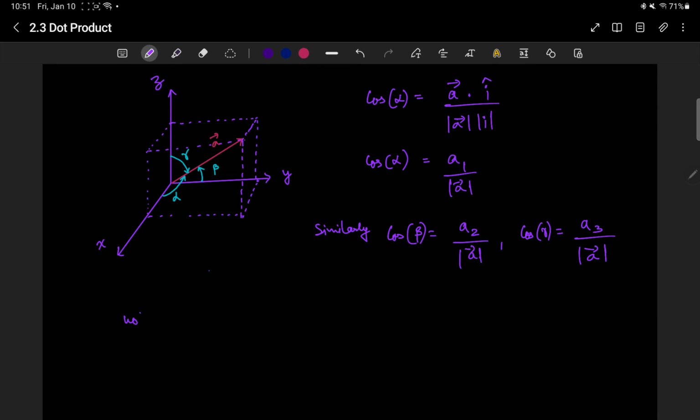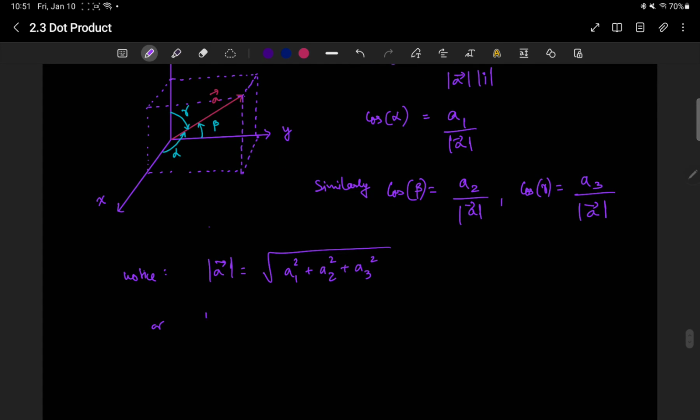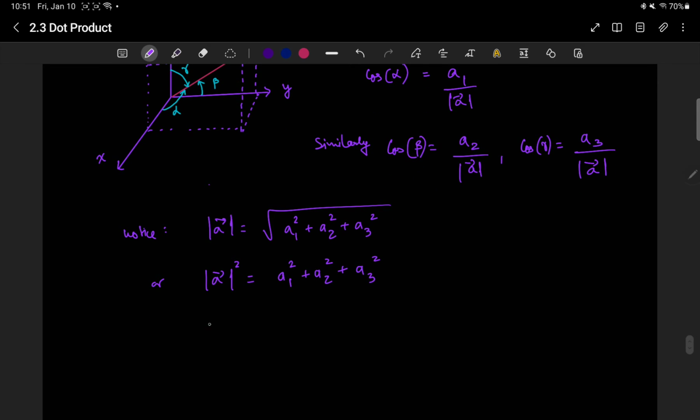Now notice, what is the magnitude of vector A? Remember, this is the square root of A1 squared plus A2 squared plus A3 squared. Or the magnitude squared is A1 squared plus A2 squared plus A3 squared.